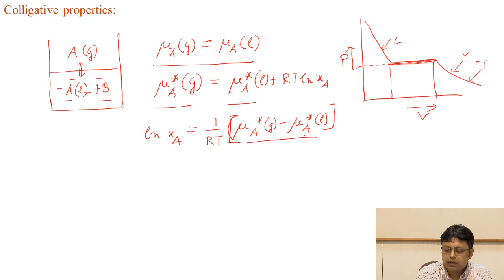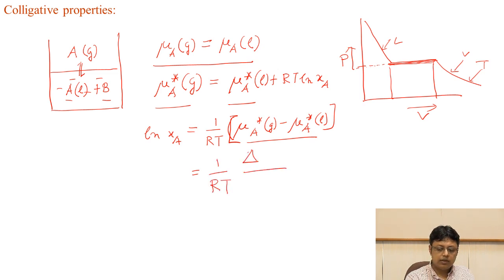Now this is basically the difference in the chemical potential in the vapor phase minus the liquid phase, which means it is the associated free energy change per mole, because it's mu. So we can write it as the associated delta G per mole, and this is a vaporization process, so this is delta vaporization of G, and this quantity we want to estimate.